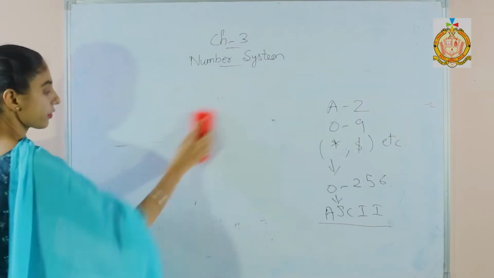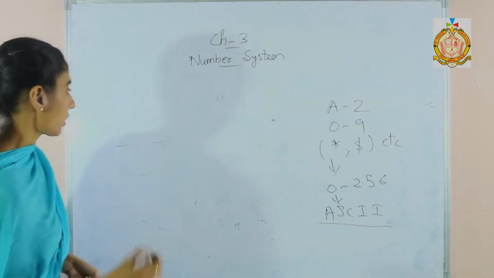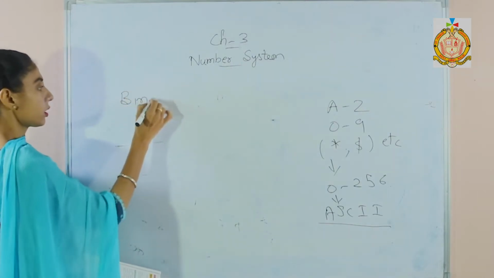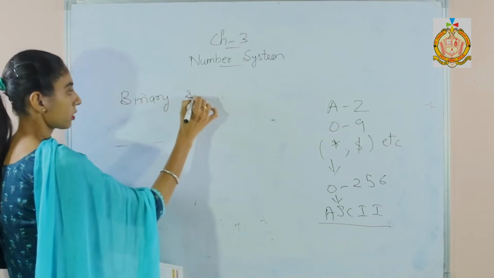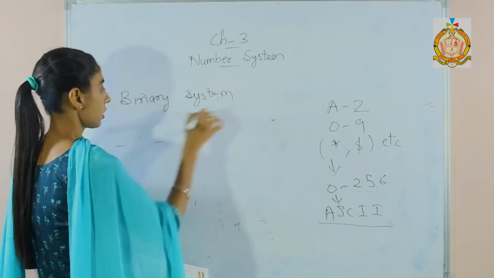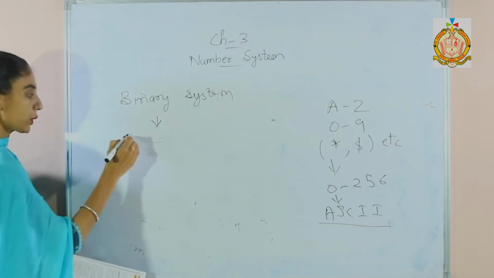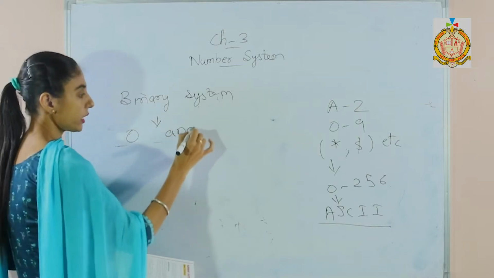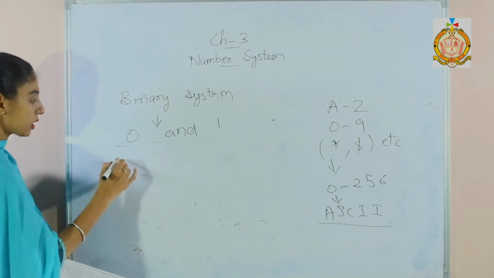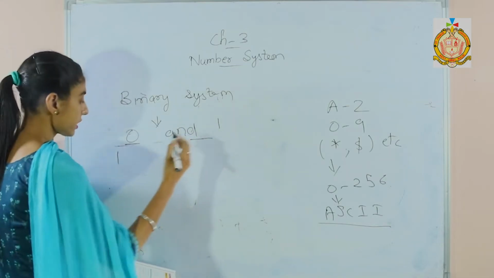Next one is the binary system. In binary system there are only two digits, 0 and 1. So you can write the values with the help of these two digits.